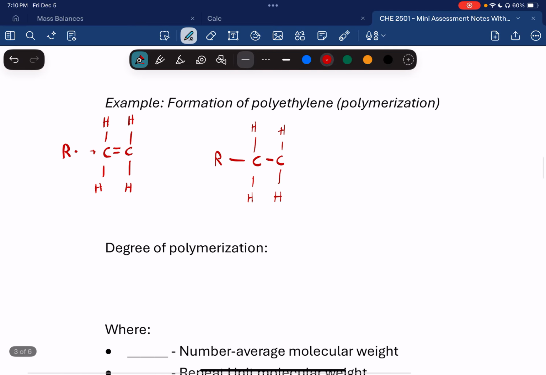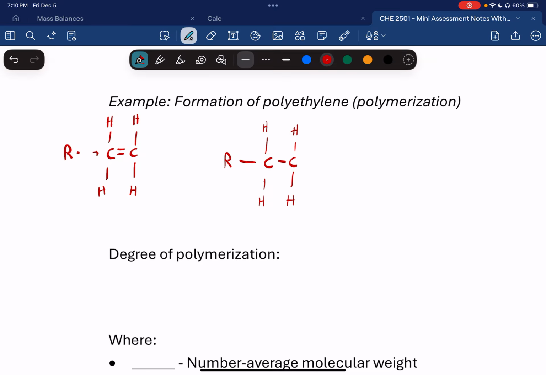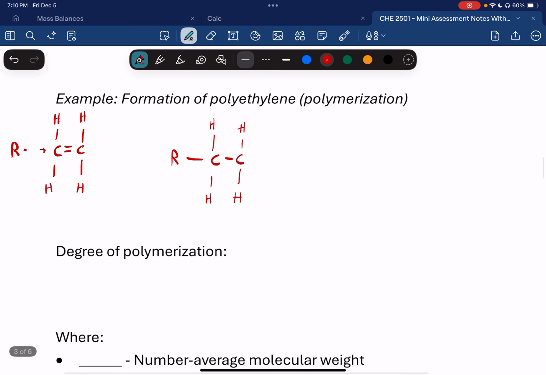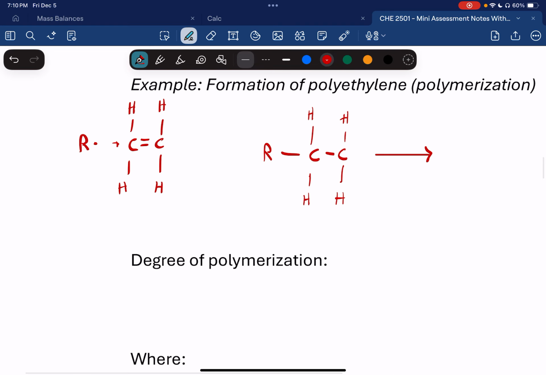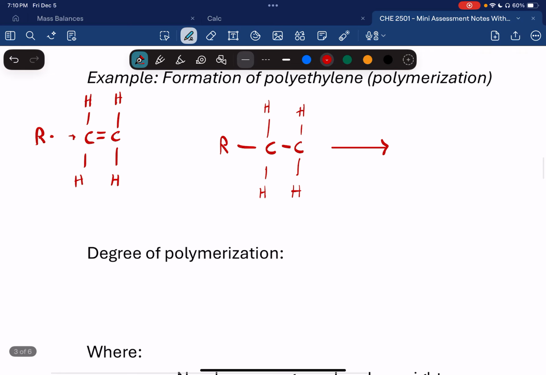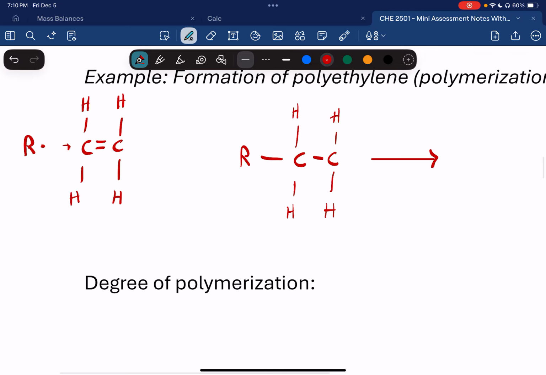All right, so these two are going to come together. We can see that like it is here. So it's a sequential addition, as I said before, repeat units of these smaller monomers that I just drew, and that's what's going to turn into our long polyethylene chain.